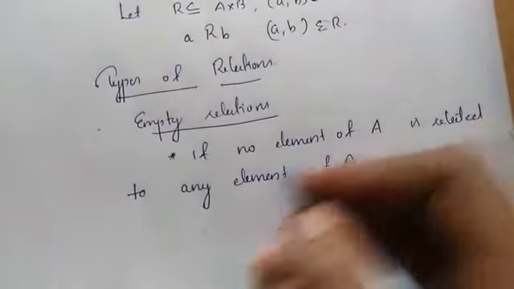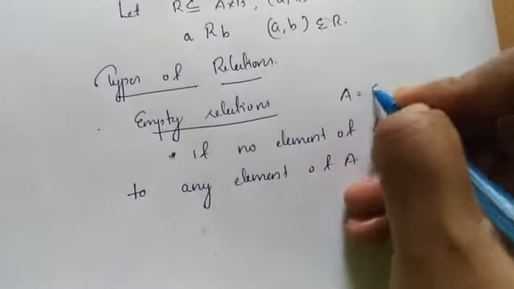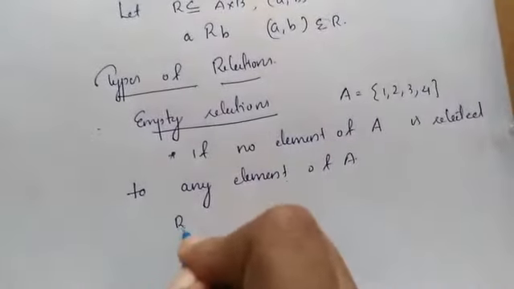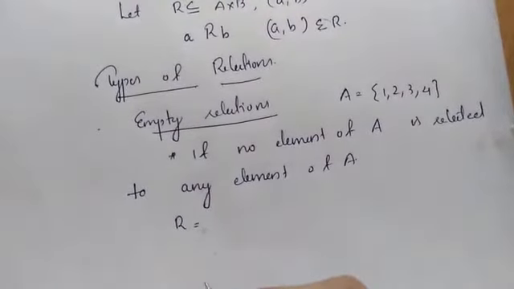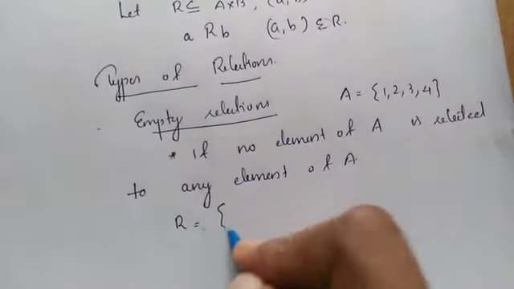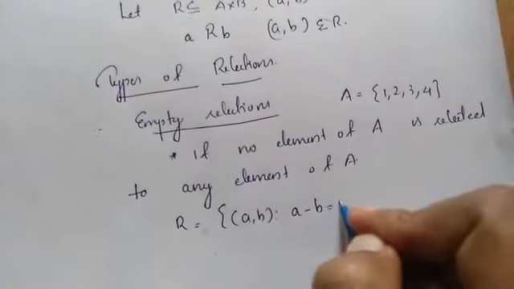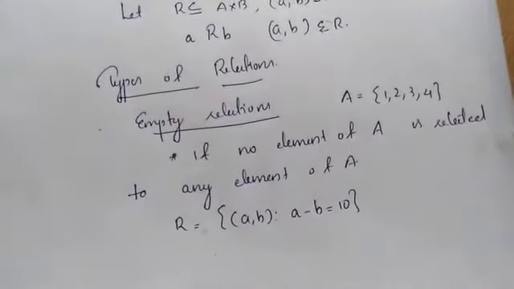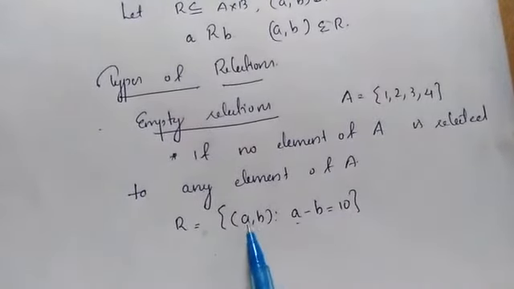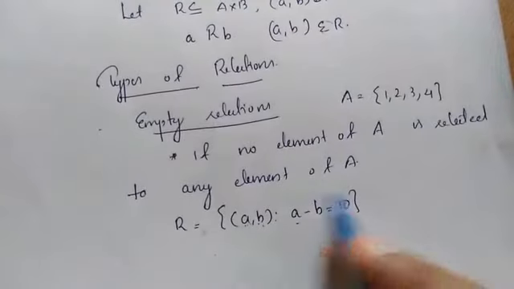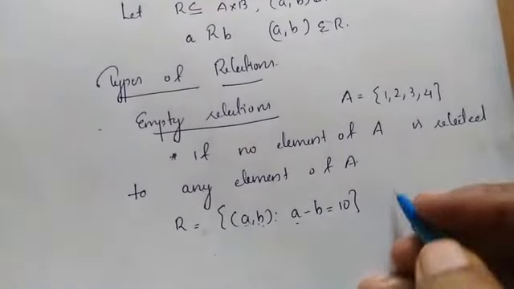Consider the set A equal to {1, 2, 3, 4}. We are considering the relation R equal to {(a, b) where a minus b is equal to 10}, that is, the difference of the first term and the second term is 10.